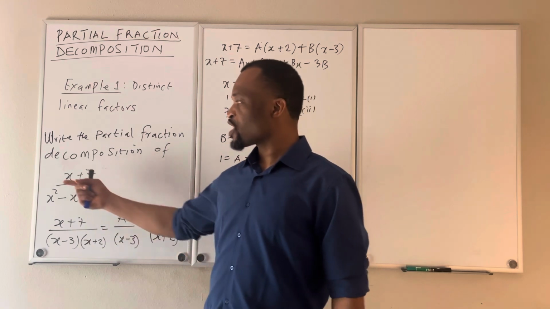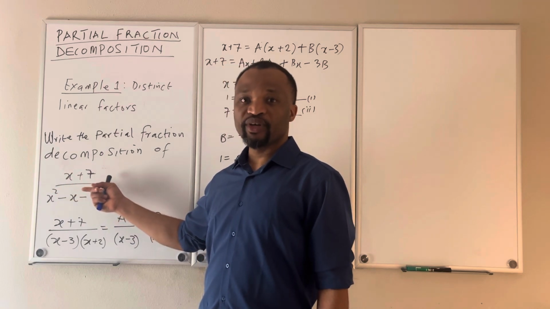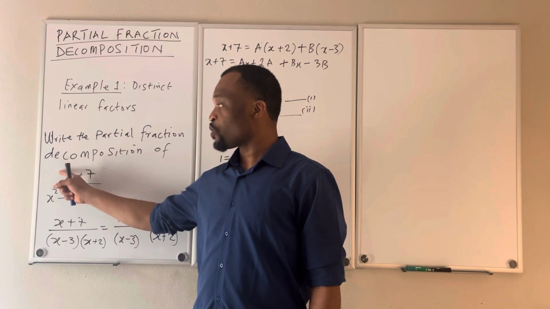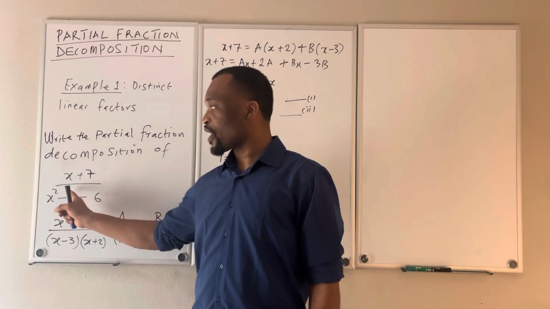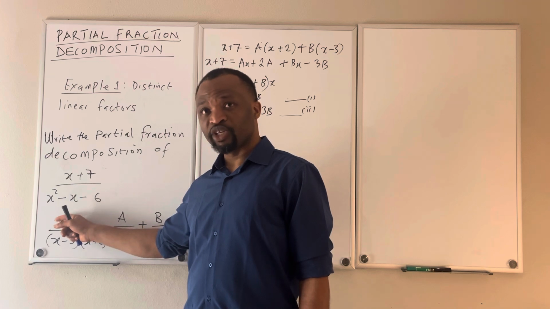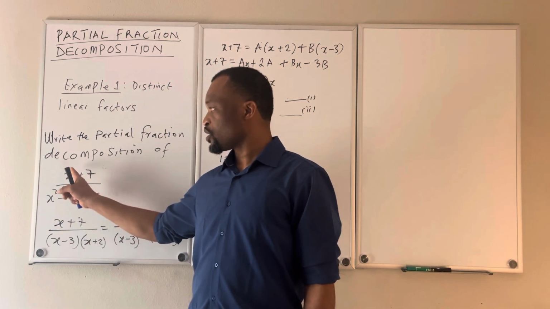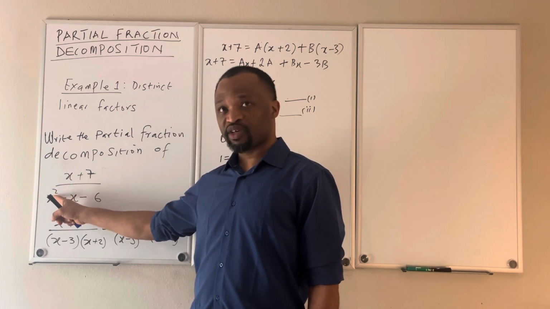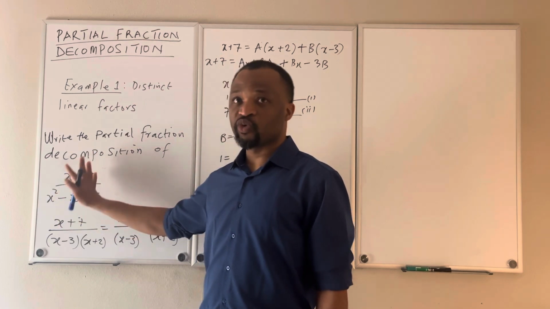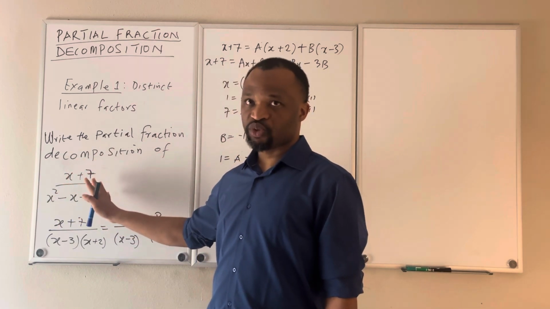It means that the highest power of x we have at the numerator is less than the highest power we have at the denominator. As you can see, the power of x here is less than the power of x here. So this is a rational partial fraction.